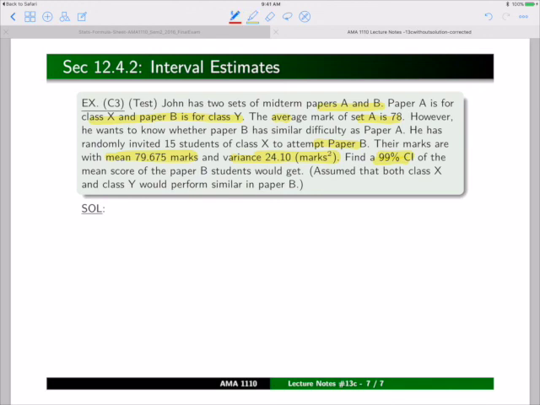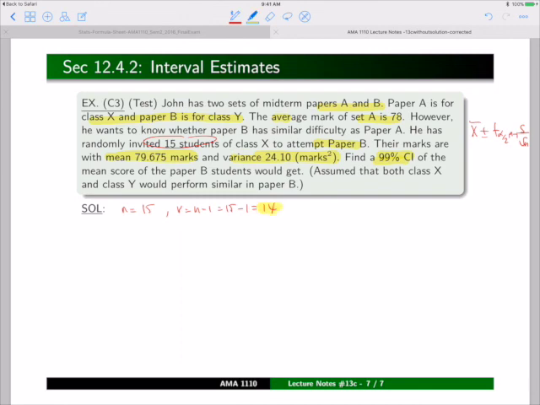So again, we need everything. We need x bar plus or minus t alpha over 2, n minus 1, s over square root of n. So here, n is given to be 15. So your nu is just n minus 1, which is 15 minus 1, which is 14.